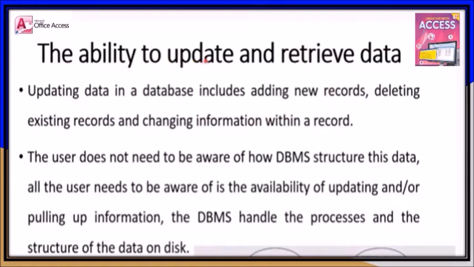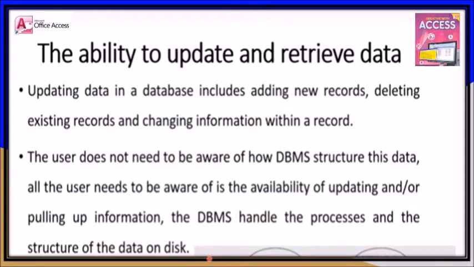The ability to update and retrieve data: updating data in a database includes adding new records, deleting existing records and changing information within a record. The user does not need to be aware of how the database management system structures this data. All the user needs to be aware of is the availability of updating and or pulling up information. The DBMS handles the process and the structure of data on the disk.